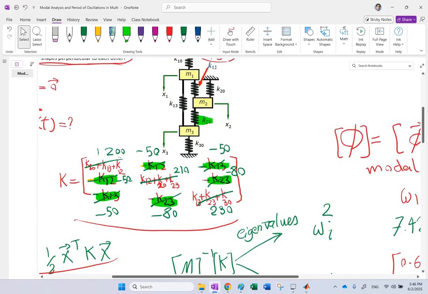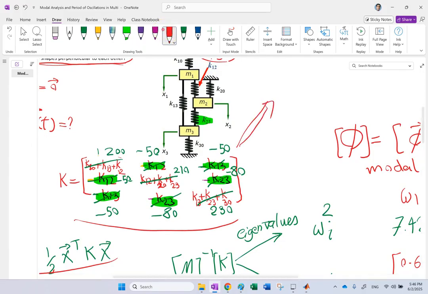It's absolutely not easy. For instance, if I just show you, the first ODE is like this: 2 x1 double dot, plus 200 times x1, minus 50 times x2, minus 50 times x3, equals 0. You see, it's a second order linear ODE, but these two guys appear in that first ODE.